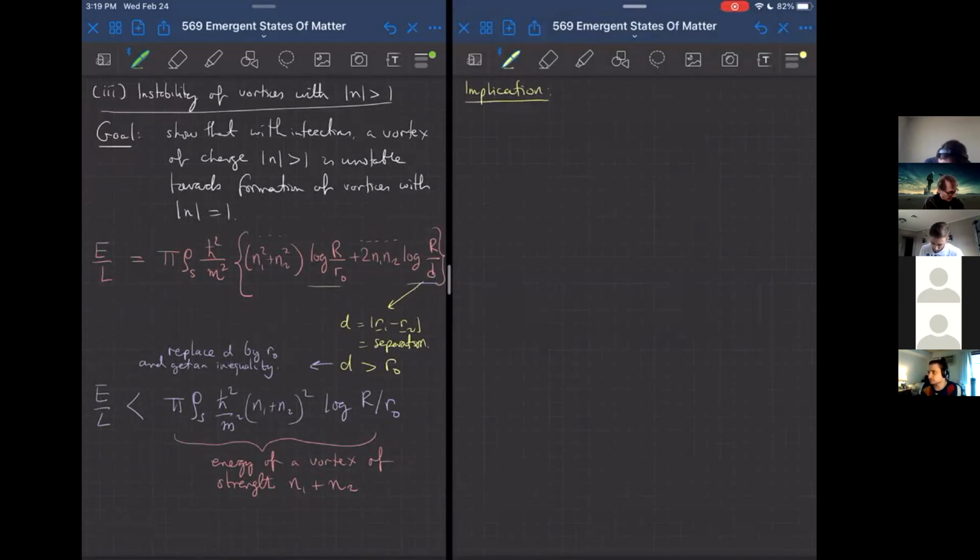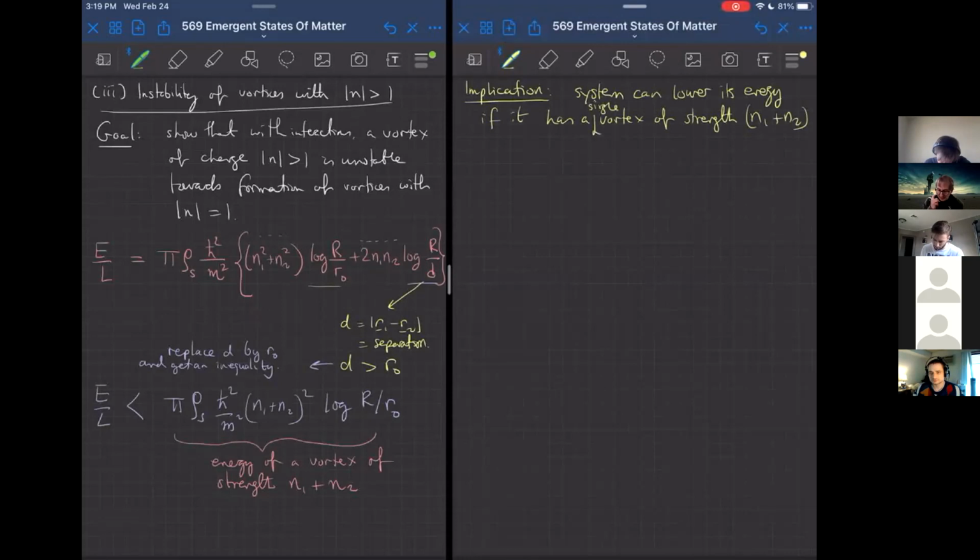So the implication is that the system can lower its energy if it has a vortex of strength n1 plus n2, a single vortex.